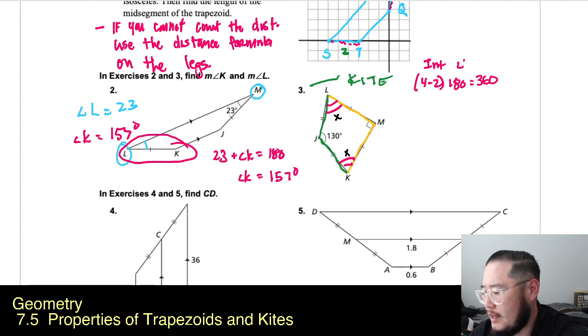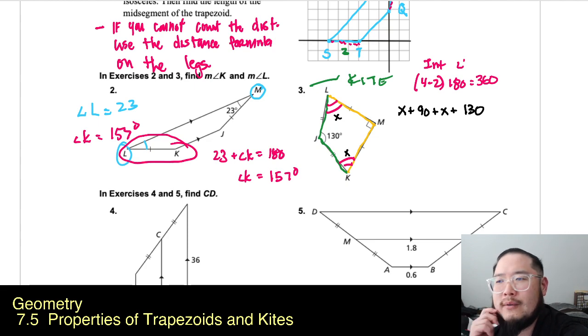We've got x plus 90, which is angle M, plus angle K, which is x, plus angle J, which is 130 degrees. All those combined together are equal to 360. And it's amazing how we could just put all that together, right? It all works out nicely.